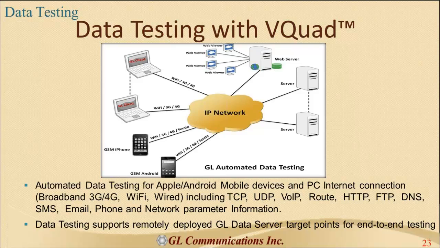And you can also perform email, SMS, and we perform some different network information and phone information tests like SIM info, UE info. It also gives you the signal strength, RSSI, and the battery level parameters.